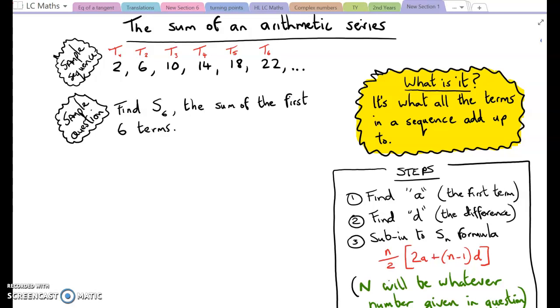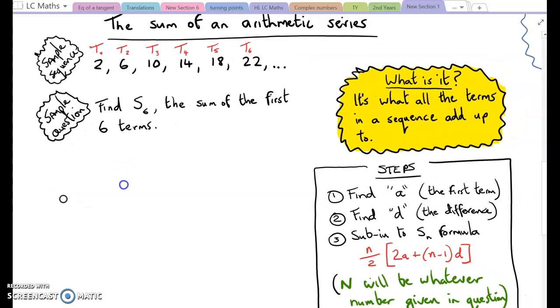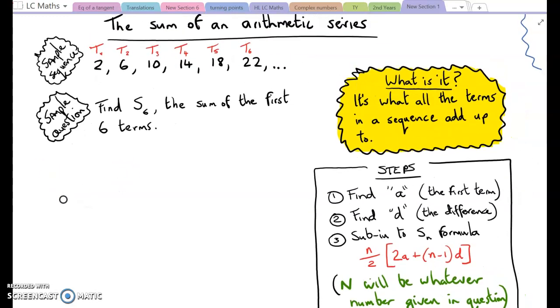In this video we're going to take a look at the sum of a series of numbers. In the previous few classes you would have looked at the nth term of a sequence of numbers so that you could try to predict what number comes next.